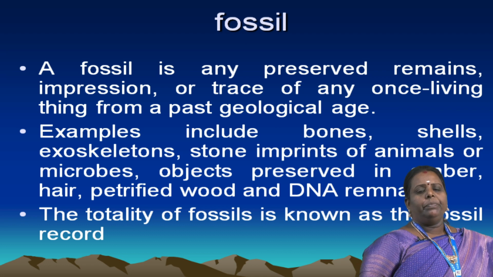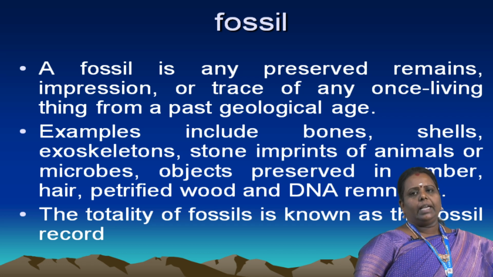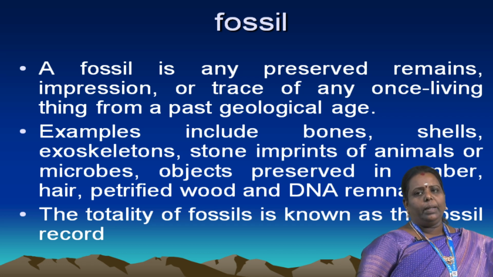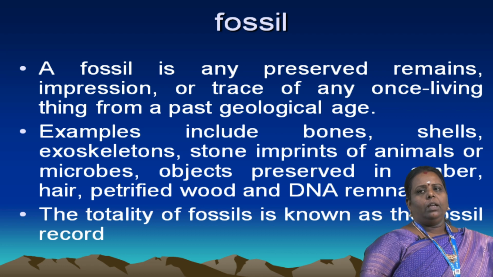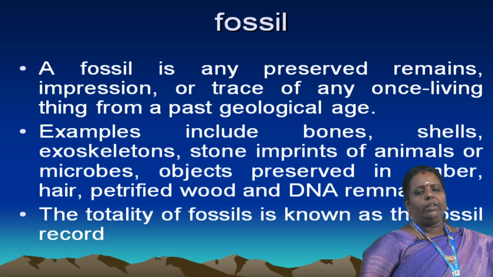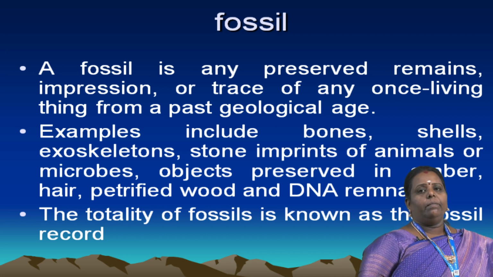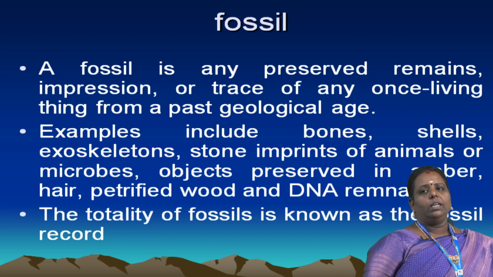For example, what materials do we know as fossils? Animal bone, shell, skeleton, stone imprints of an animal or of microbes, objects preserved in amber, hair, petrified wood, and also remaining DNA. These are the things we have to know about fossils.